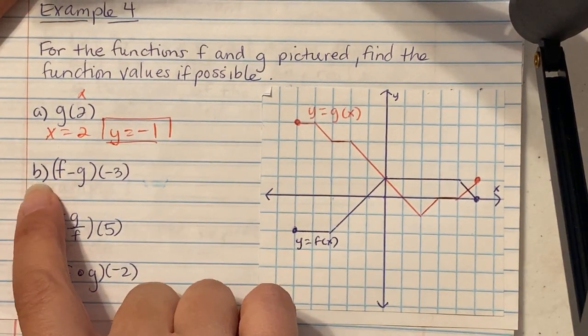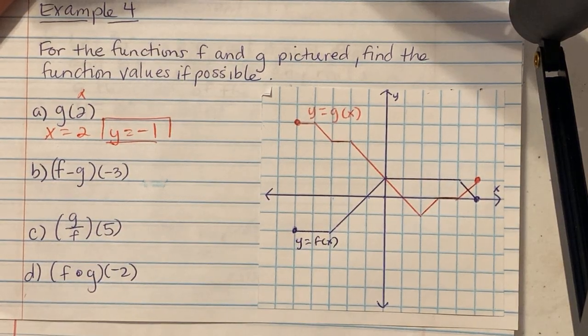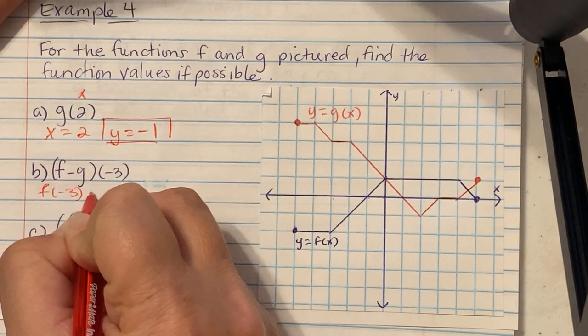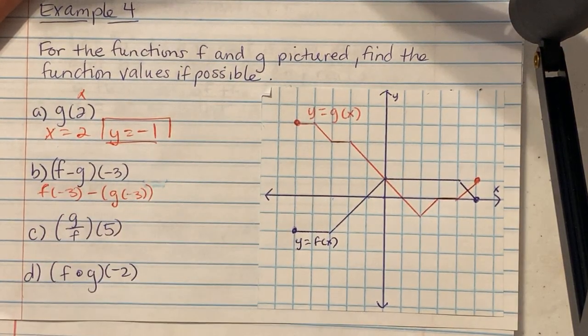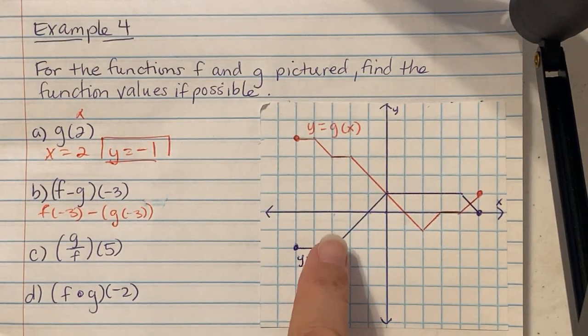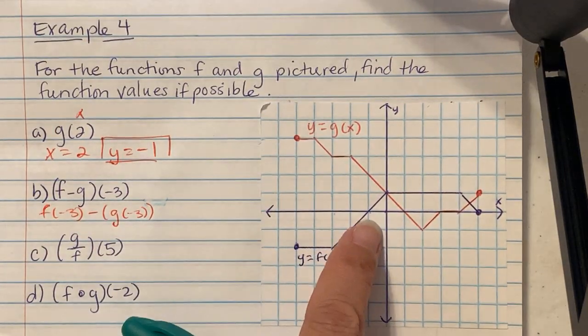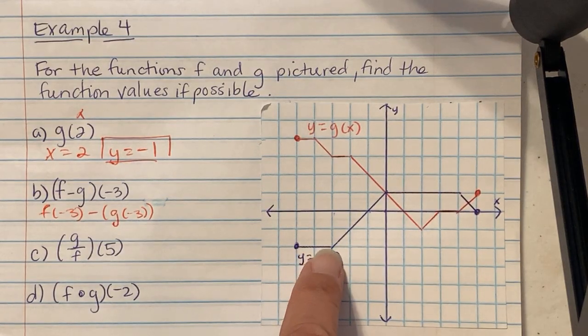On B, it says f minus g of negative 3. So what they're asking you to do is f of negative 3 minus g of negative 3. So we're going to look at our f line first. We're going to go to x equal to negative 3. Here's negative 1, negative 2, negative 3, and we go down. The graph line is at y equal to negative 2.